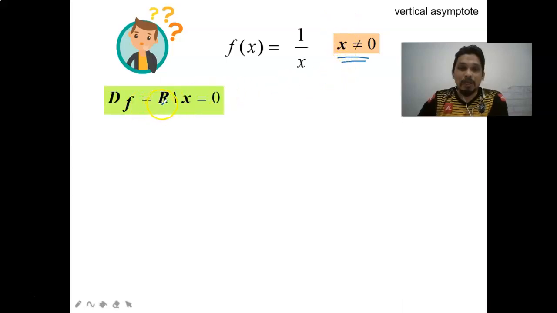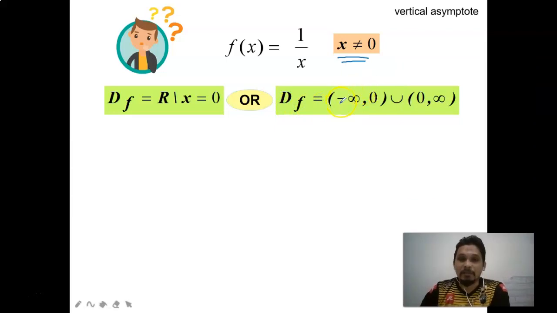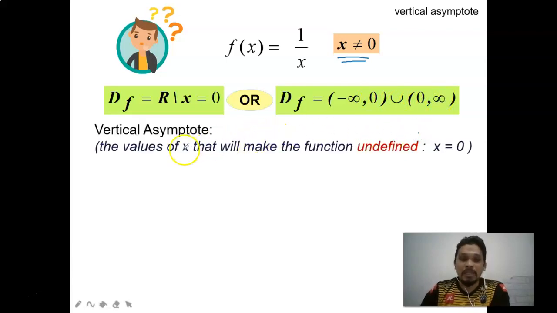The domain is all real numbers except x equal to 0, or we write this as negative infinity to 0 union 0 to positive infinity. The vertical asymptote is the value of x that will make the function undefined, or x equal to 0.